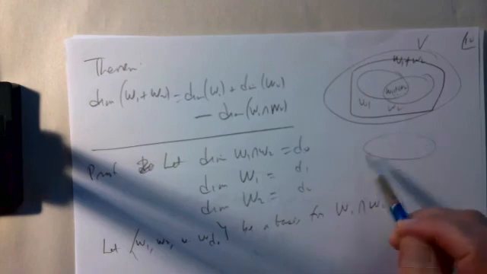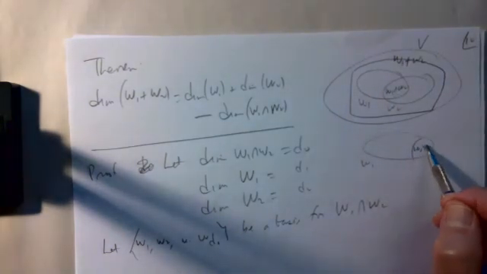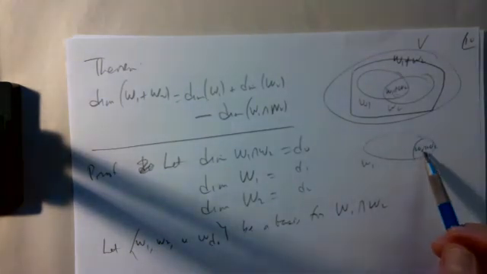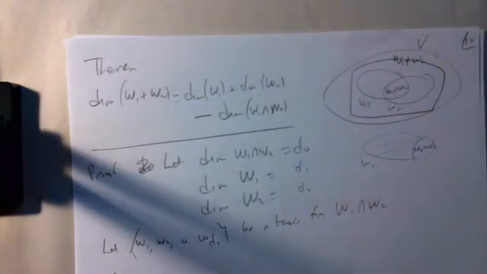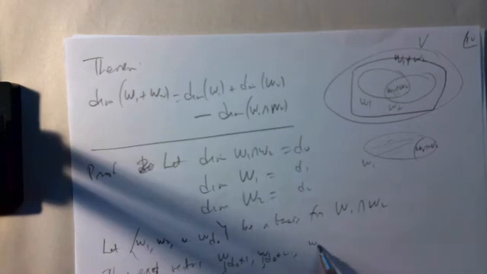So here, where we had W1, sitting in it is W1 intersect W2. There exist vectors w_{d0+1}, w_{d0+2}, maybe I'll index them 1 comma this, up to w_{1,d1}.